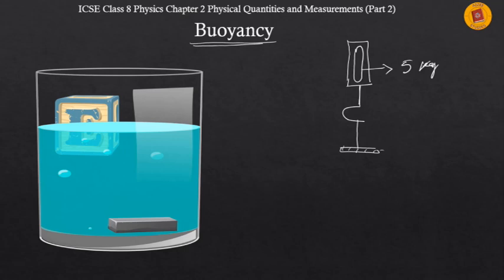Now this is the mass which is showing. There is a difference between mass and weight. So it's the mass which is showing 5 kg. If I convert it, what is the weight?